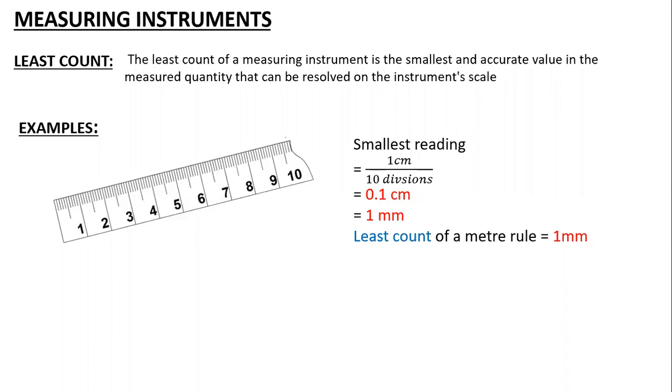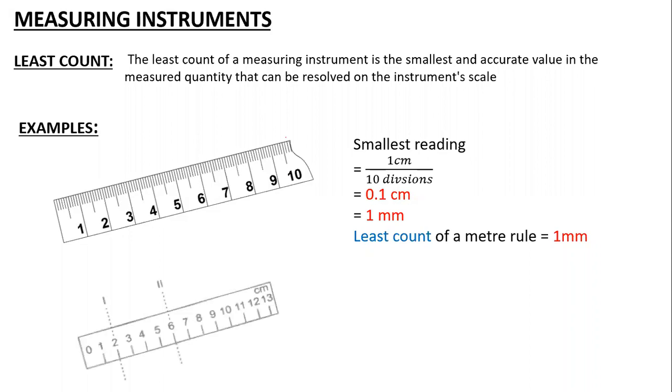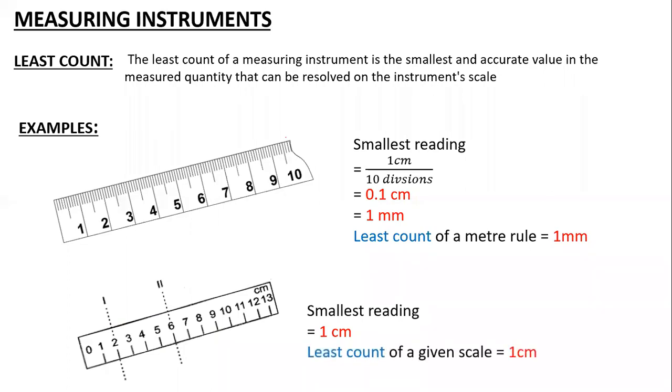So that is the basic idea. Since there was only one scale, it was easy to calculate the least count. We can have one more example, another centimeter scale. Here the smallest reading on it is 1 centimeter itself. It is not further subdivided, so we directly call the least count of the given scale 1 centimeter.